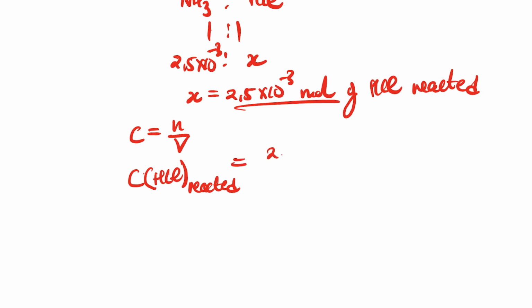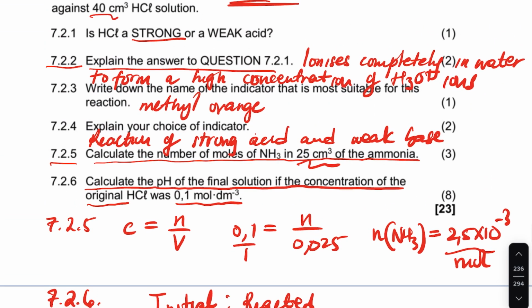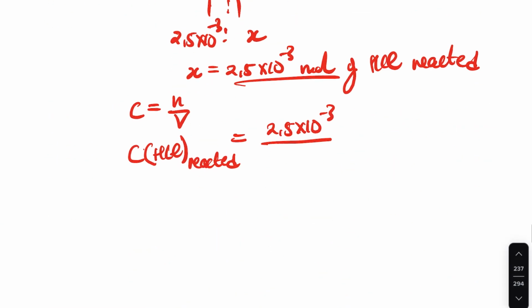The number of moles is 2.5 times 10 to the power -3 divided by the volume. What is the volume? The volume of the HCl was 40. So we put the volume of HCl.